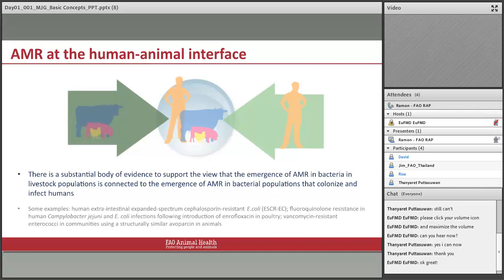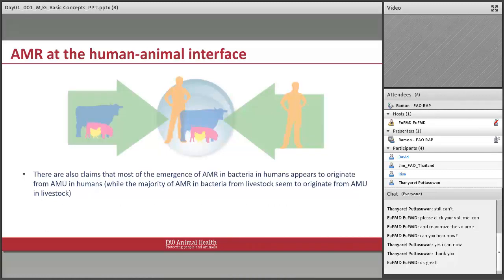There's a substantial body of evidence to support the view that the emergence of AMR bacteria in livestock populations is connected to the emergence of AMR in bacterial populations that colonize or infect humans. We have seen this in Campylobacter jejuni and E. coli infections following excessive use of antibiotics in poultry.